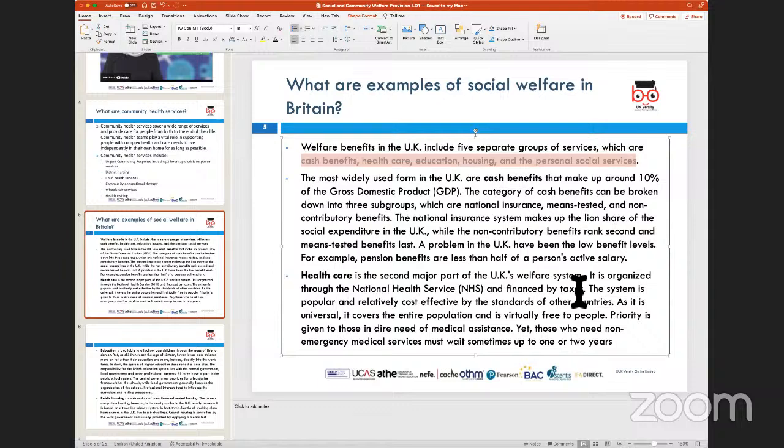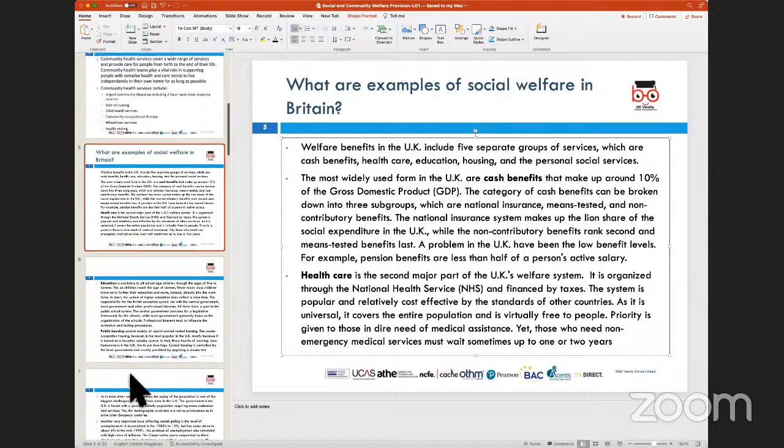For example, if you lose your job and you're without a job while you're looking for a job, you obviously need money and resources to be able to sustain yourself. If you register with the job center, job seekers allowance and other benefits which are covered under the universal tax credit system would be provided as one of the social and welfare benefits available to the citizens of the UK.